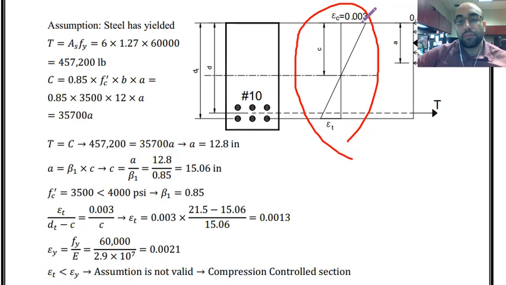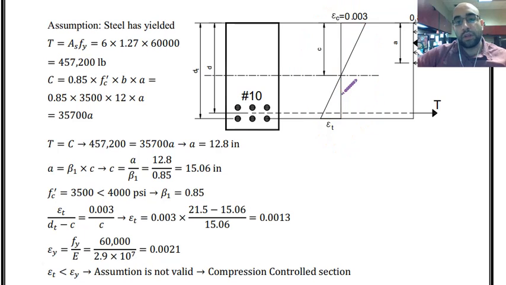I can simply look at the strain distribution, and then write the ratios based on this side, and this side, and this side, right? So epsilon t over this side, which is dt minus c. As you can see, this distance is equal to dt.